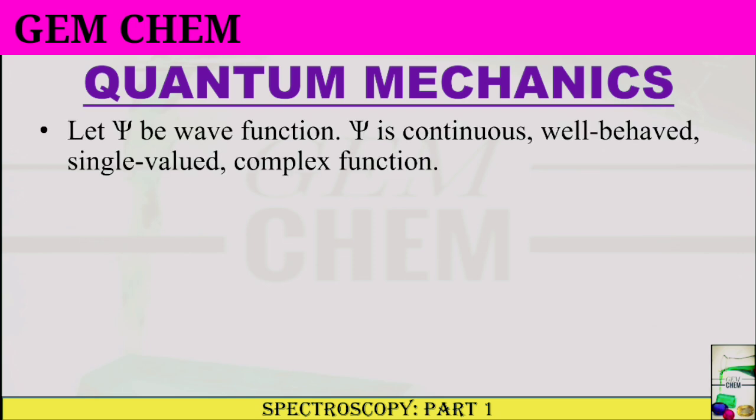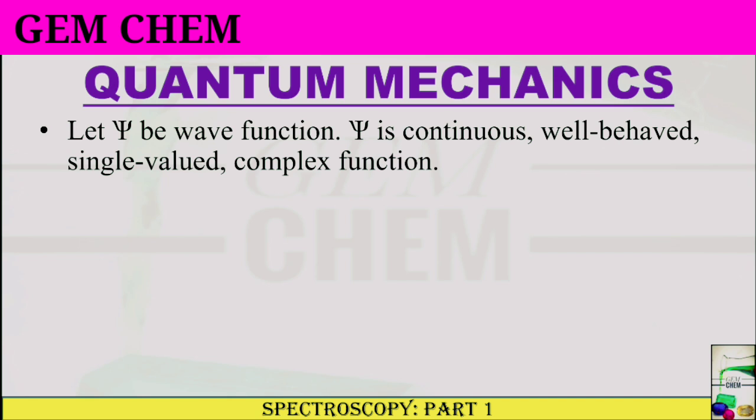So in quantum mechanics, the first thing, a general treatment which we are going to deal with, is a box and a wave function. This wave function is generally denoted by psi, and this psi is a continuous, well-behaved, single valued complex function. From Heisenberg's principle, we have already seen that both position and momentum cannot be determined.